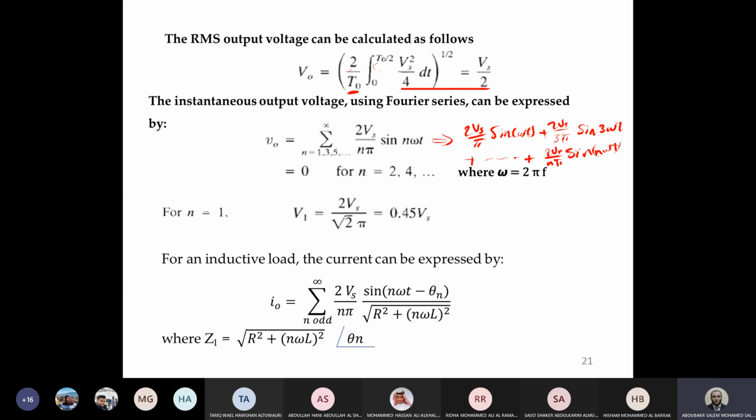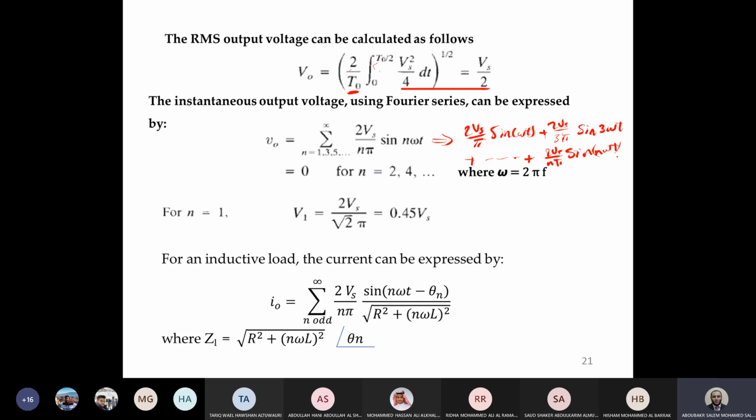What's the meaning of omega t, Shabab? The fundamental. Omega t here is the fundamental angle, where omega equals 2 pi f. So 3 omega t means you have 3 times the fundamental frequency. N omega t means n times the fundamental frequency.